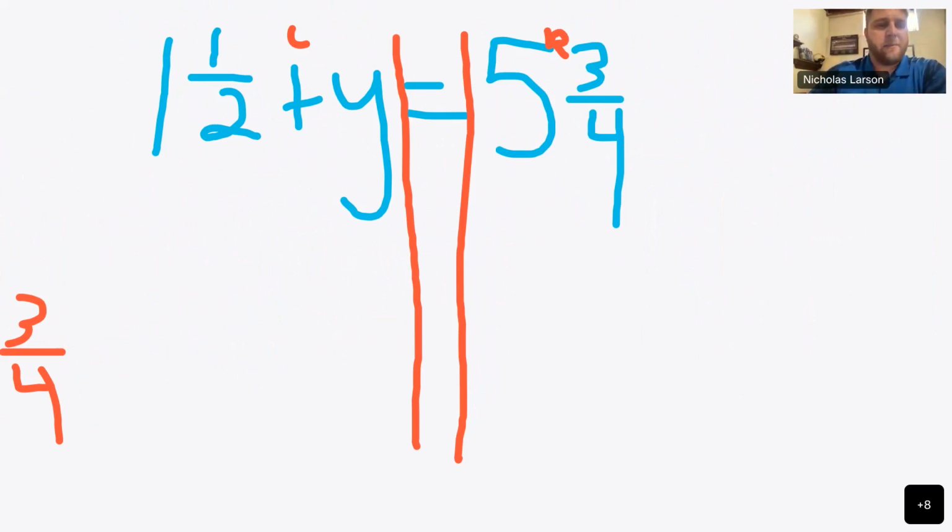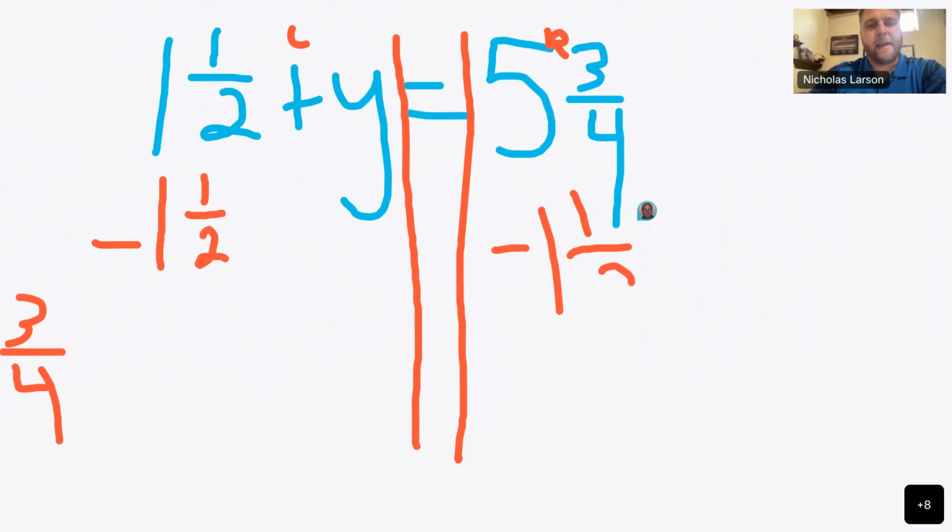So I'm going to subtract 1.5 on the left side, and I'm going to subtract 1.5 on the right side. Now we're going to rewrite this in a second, but let's just do this, so again, our work is neat and organized. Once again, this cancels out. All I'm left with is y. That's my goal. That's what I wanted.